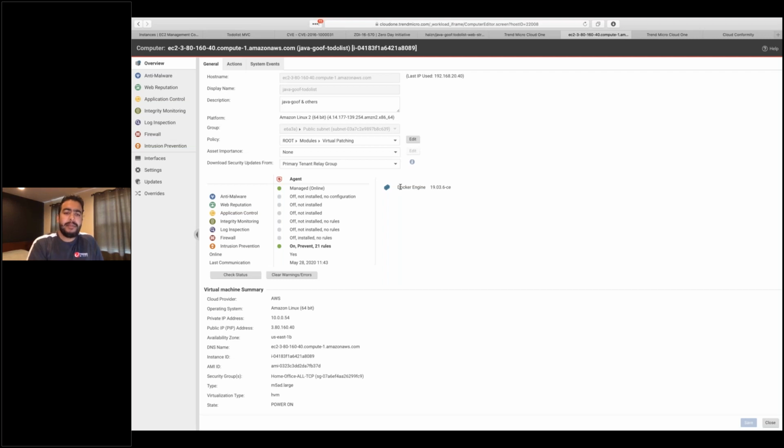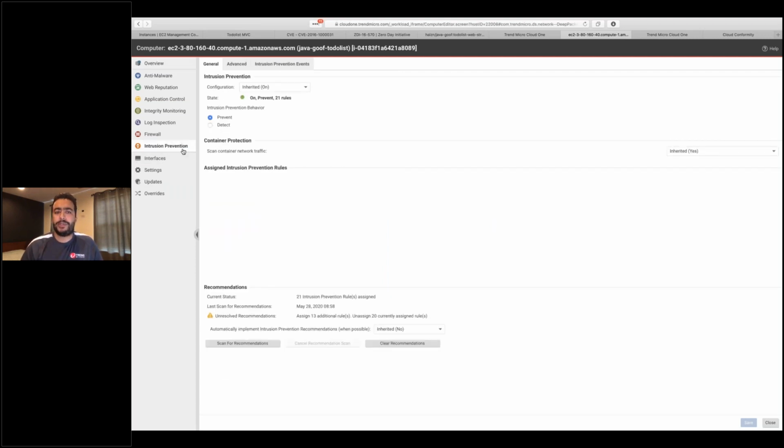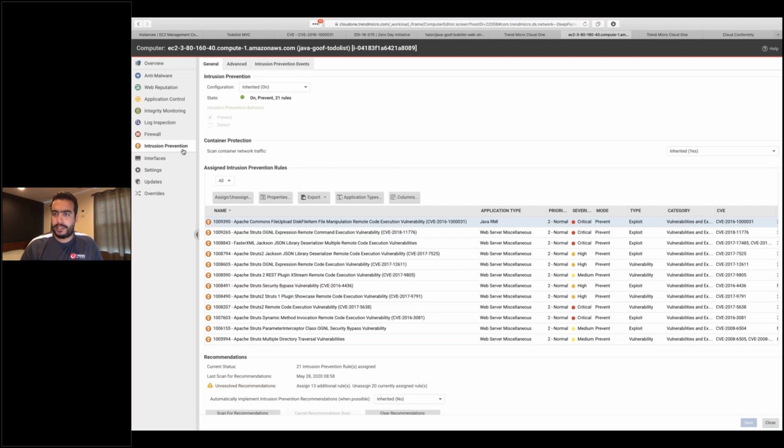And I happen to have an intrusion prevention security policy that would help me to protect against this vulnerability. So with intrusion prevention, I can analyze the traffic that is incoming to the instance and protect against vulnerabilities.